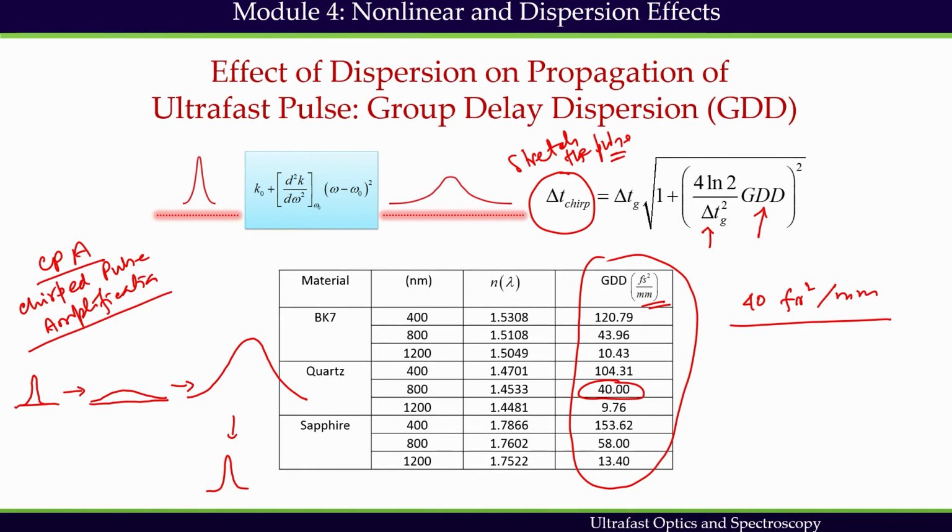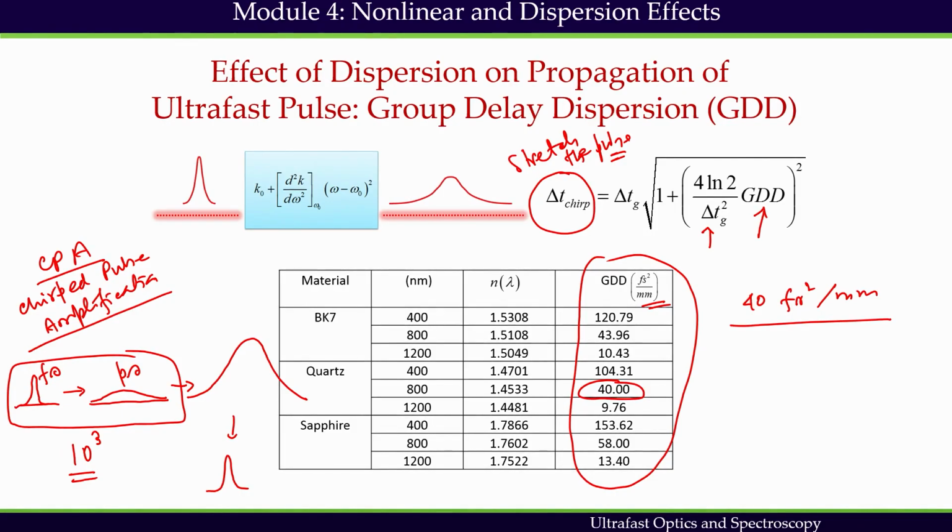So in this stretching step, if we have a femtosecond pulse, we make it a picosecond pulse. So 10 to the power 3 times longer pulse we create first, and then we amplify. That's the basic idea of chirped pulse amplification.